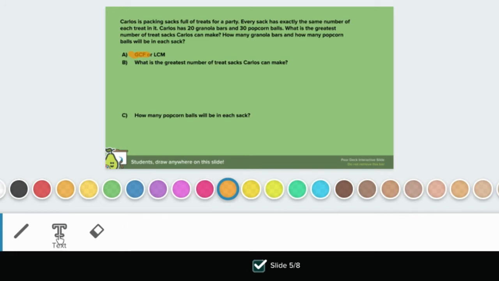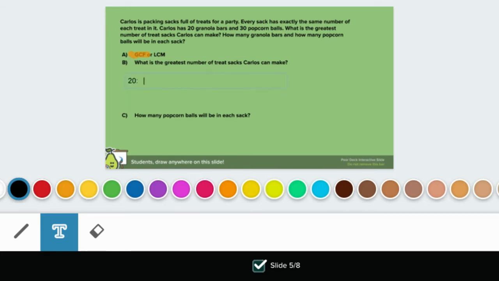All right. So what is the greatest number of treat sacks Carlos can make? So I have to list the factors because it's the greatest common factor. So my factors of 20 are 1, 2, 4, 5, 10, and 20.